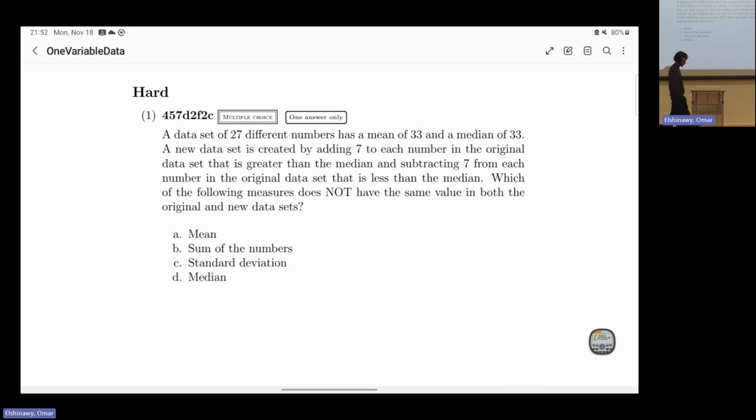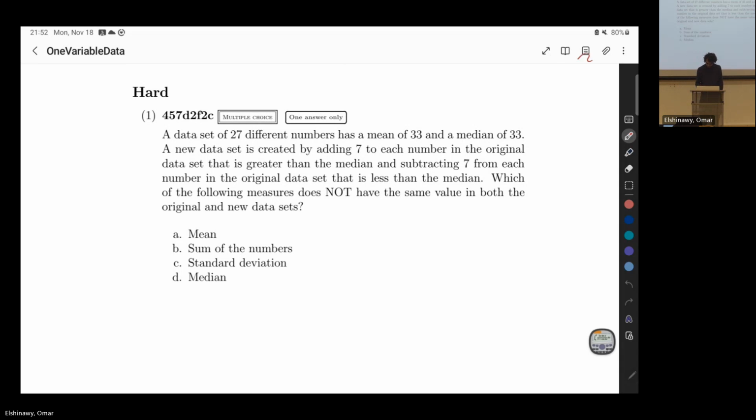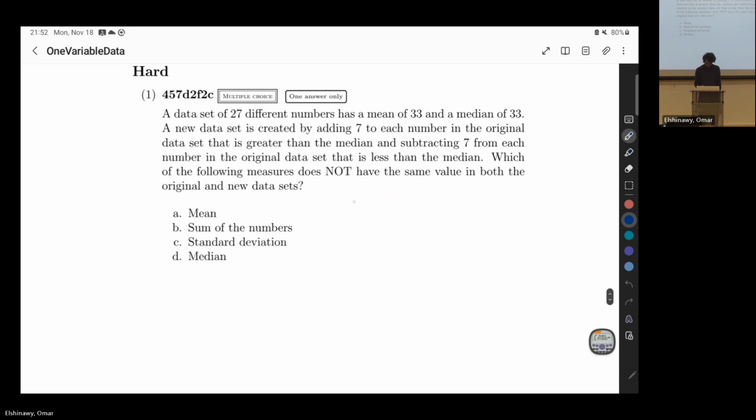This is a really good exercise. As usual, I'll start writing down some stuff. We have some data, some numbers. The first number, second number, so on and so forth is the 27th number.